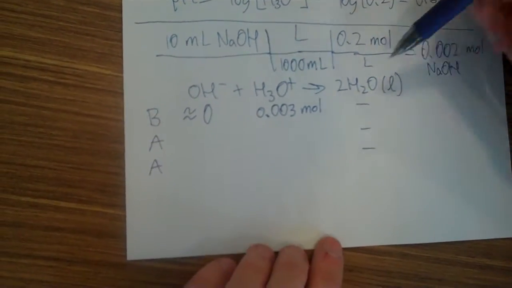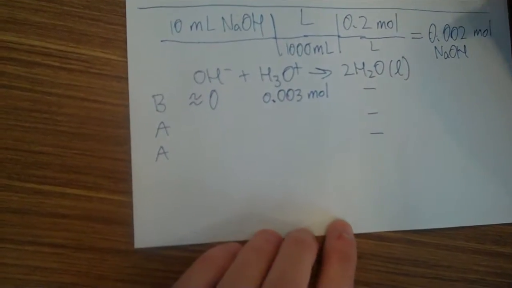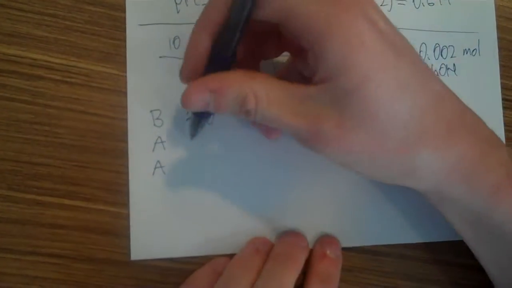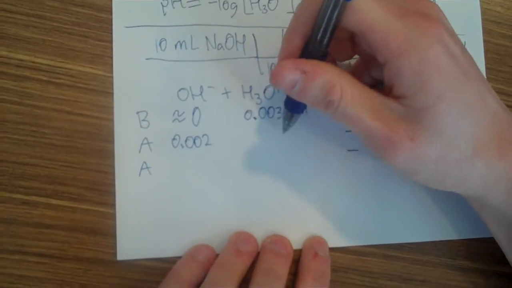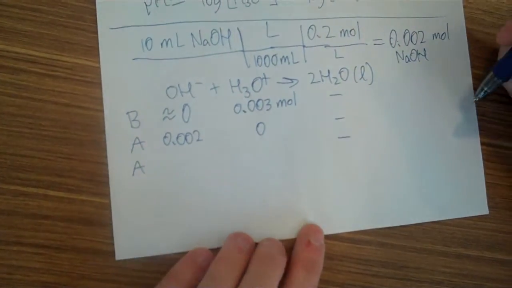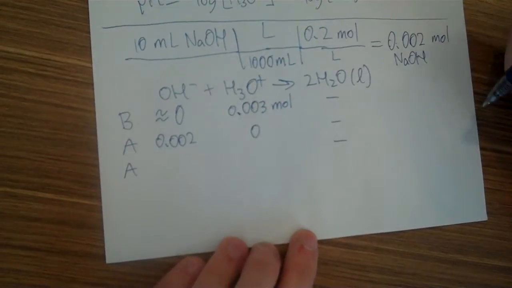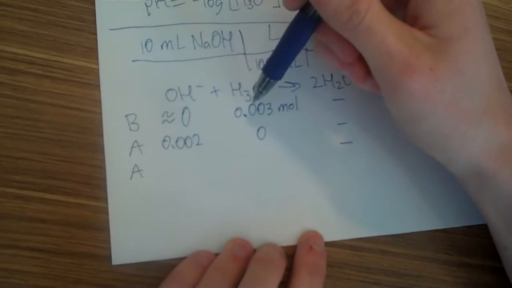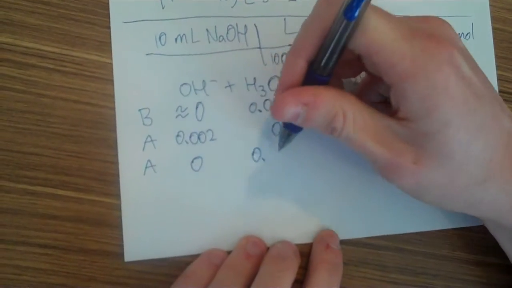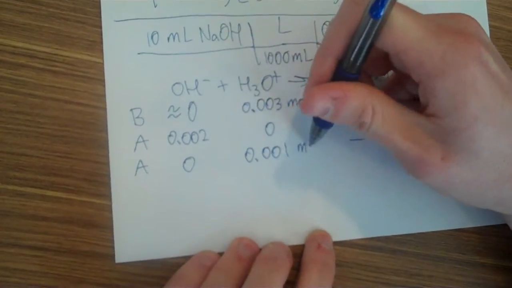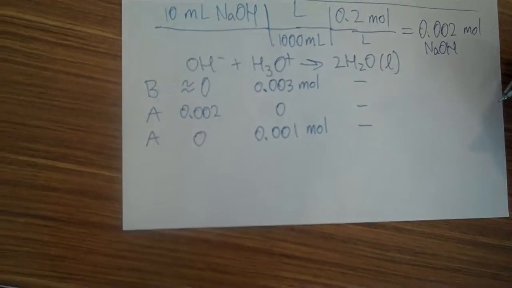So then we add 0.002 moles from the sodium hydroxide. No H3O+ is added in this case. And then we subtract and get about 0.001 moles for H3O+.